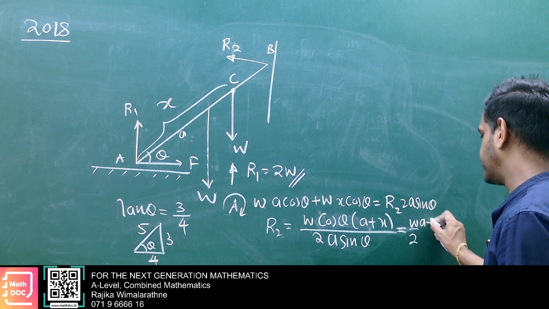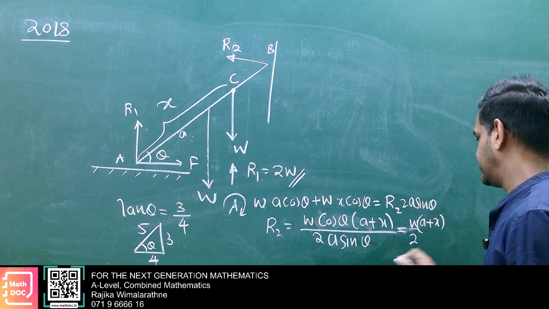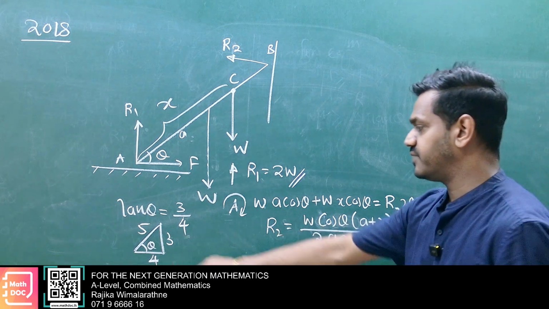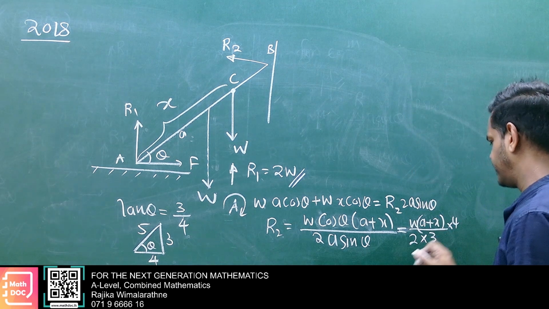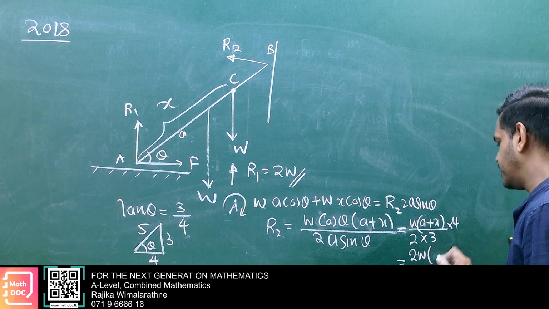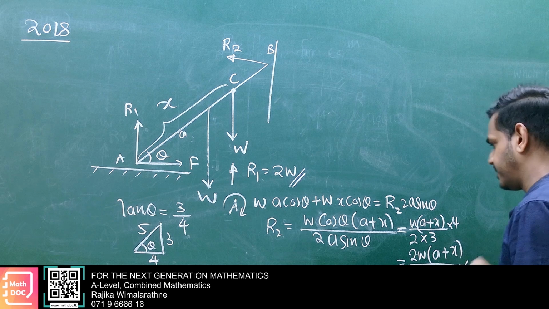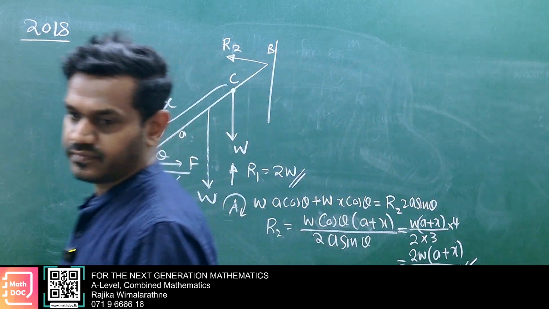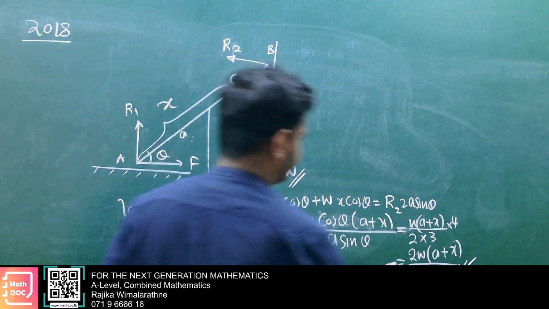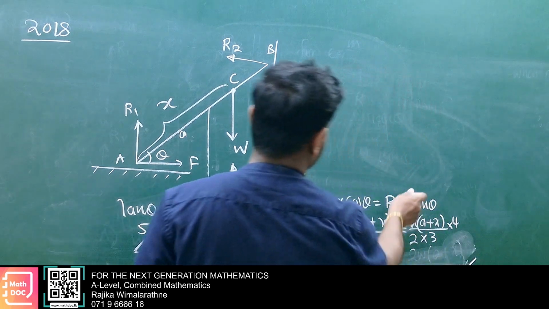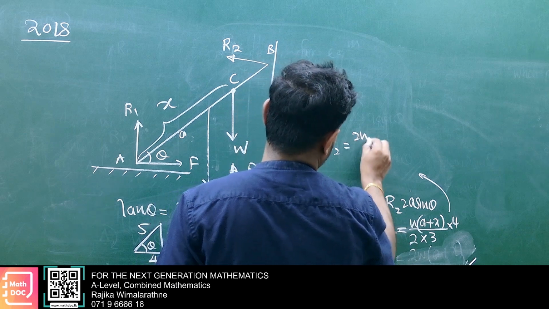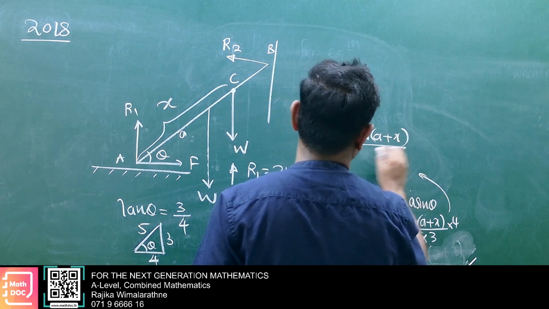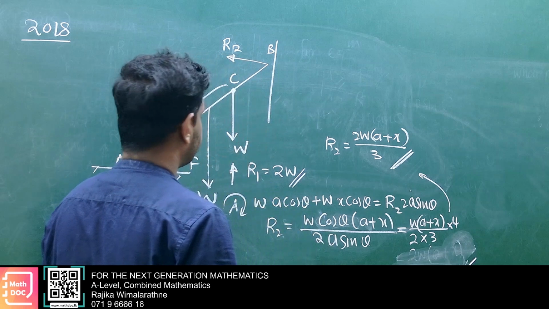W over 2, A plus X, tan theta, here tan theta is 3 divided by 4. So 2W, A plus X over 6, that is 2W over 3 (A plus X). You find the R2 value.